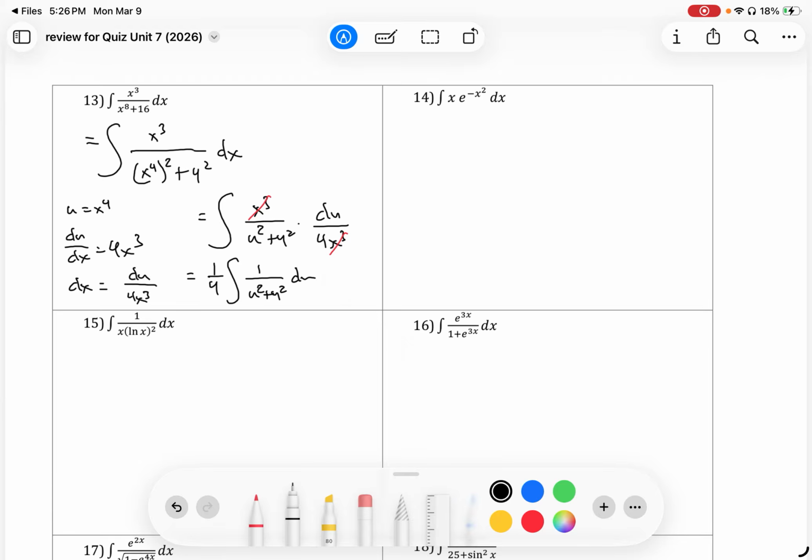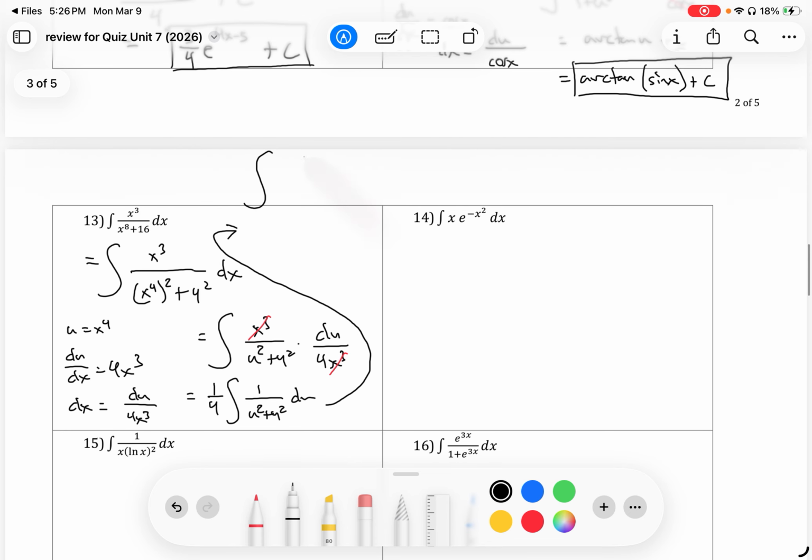Now there's a couple ways to do this, but I have a little rule memorized for the antiderivative of 1 over a squared plus x squared dx, which is 1 over a times arctangent of x over a plus c. There's another way to do this algebraically, but I'm going to use this just to save a little bit of time. So a in this case is 4.